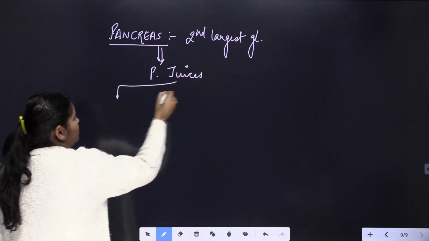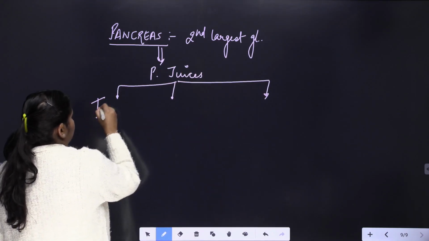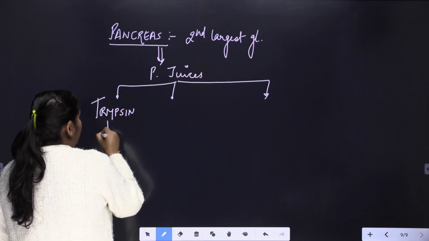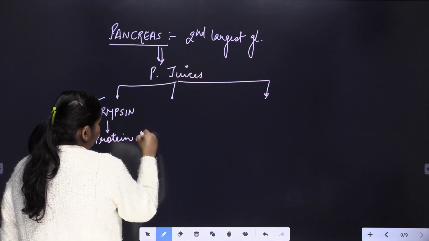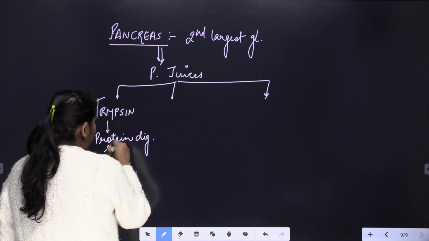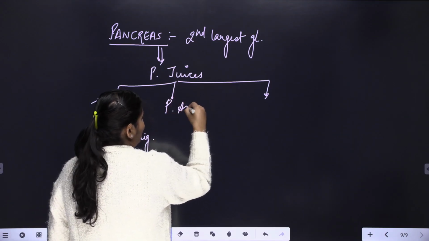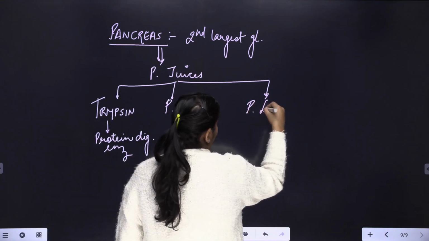Pancreatic juice comprises trypsin, which is again a protein digesting enzyme. Then we have pancreatic amylase, and then we have pancreatic lipase.